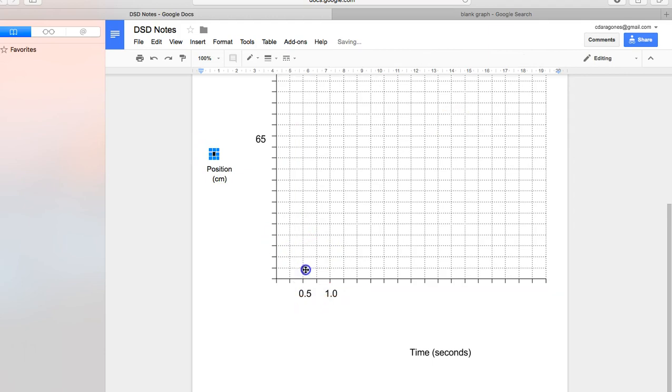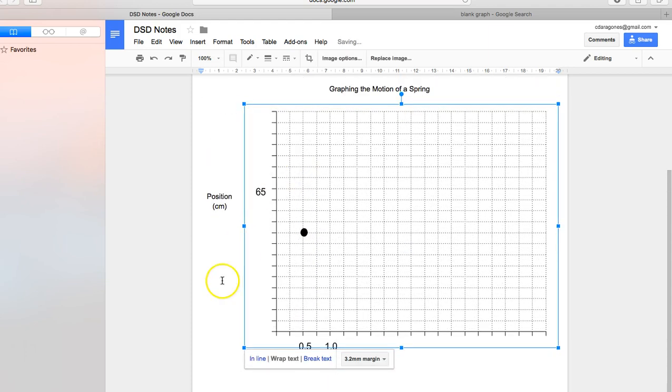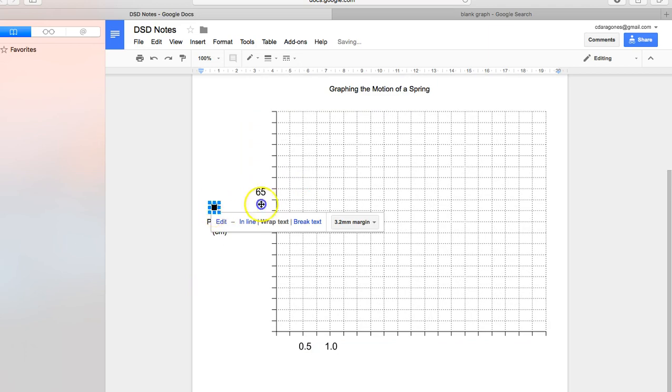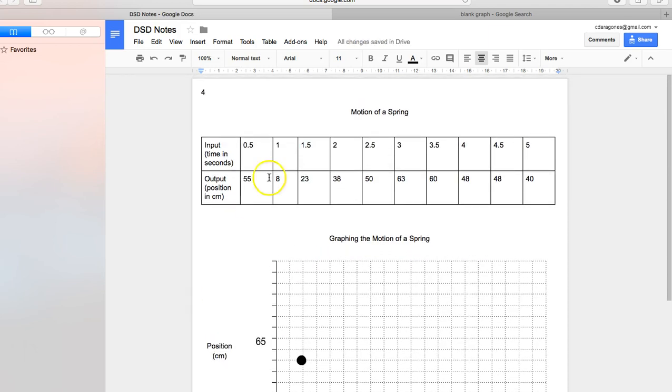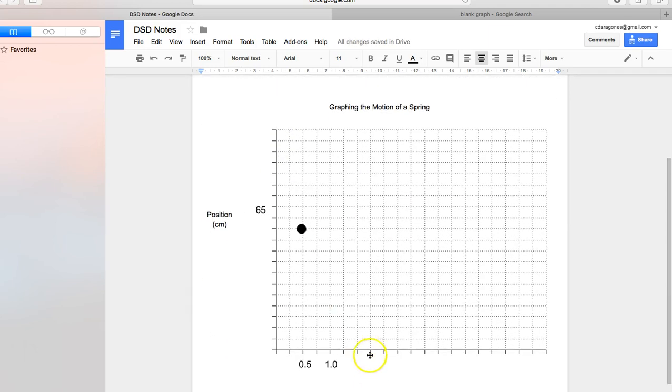That's 5, 10, 15, 20, 25, 30, 35, 40, 45, 50, 55. Okay, there's going to be a dot right there. And then I'm going to look at 1 second and see that it's 8. So it's kind of right here.